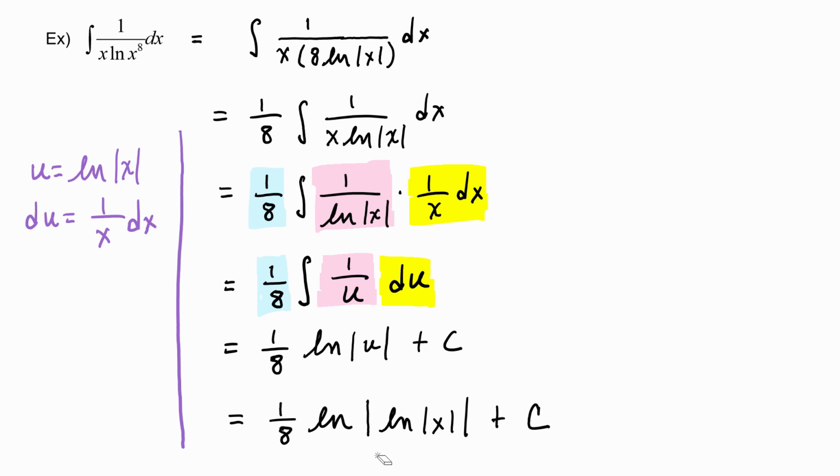So it's necessary for us to have these two different sets of absolute values. Remember that the range of the natural log of absolute value of x is going to be all real numbers, which includes negatives. So that's why we have to have two sets of absolute value symbols here.